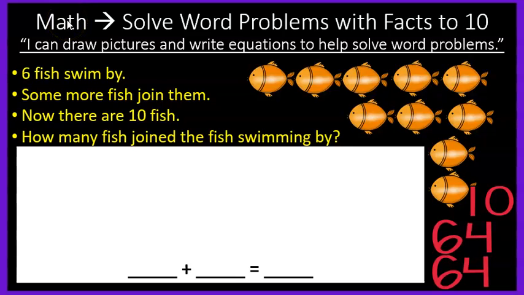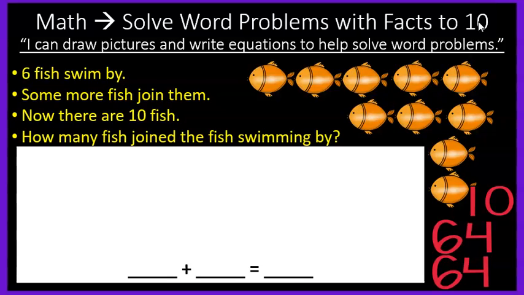Here it says math. The title of our math lesson is Solve Word Problems with Facts 10. Okay? Now, here we go. It says again, let me read it to you. Solve word problems with facts 10.